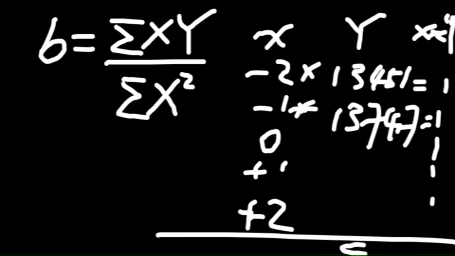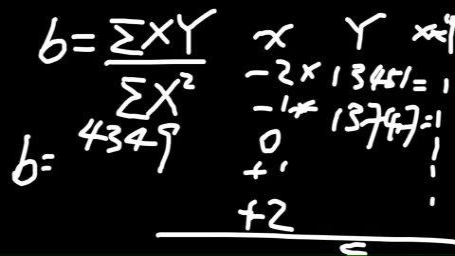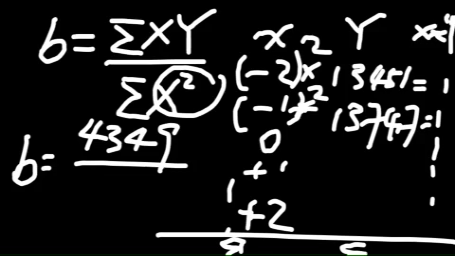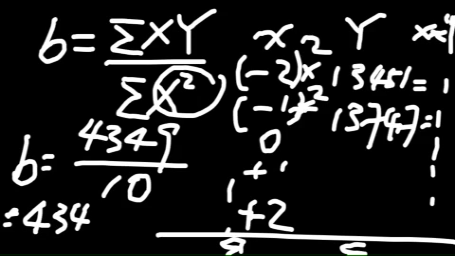This is sigma. So your b will be 4349 divided by sigma x squared. That means this squared, 1 by 1, and add them up. So divided by 10. And then you get your b is 434.9.